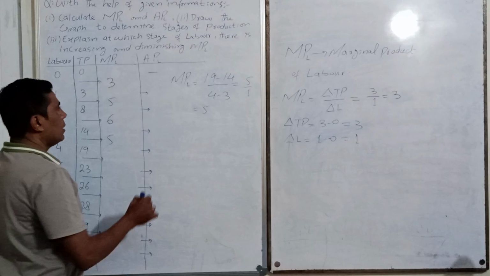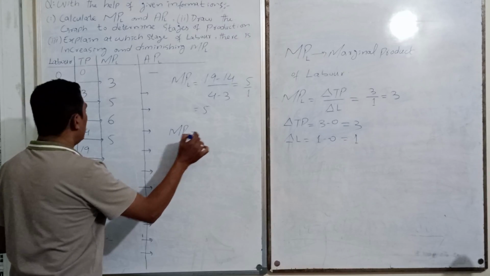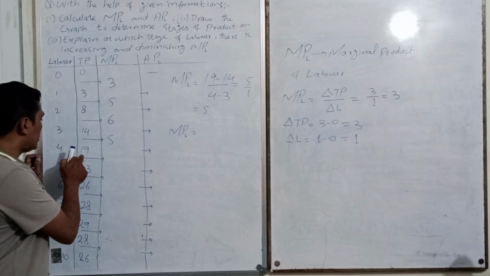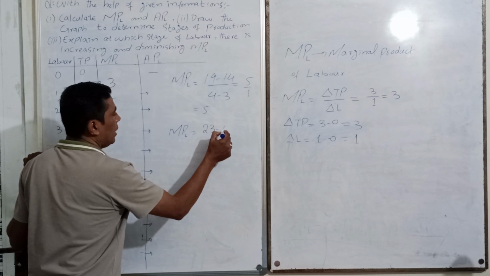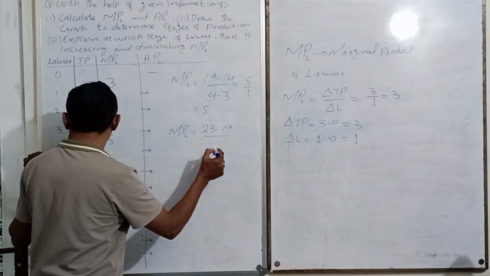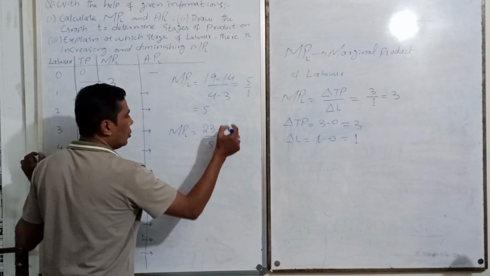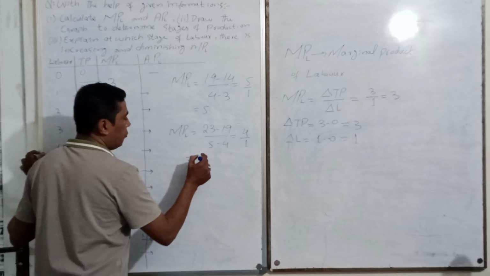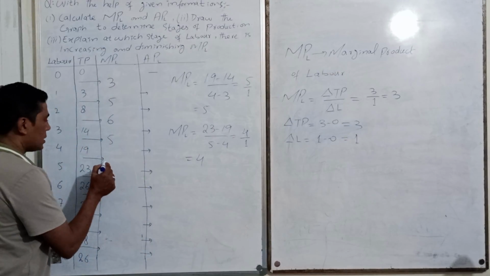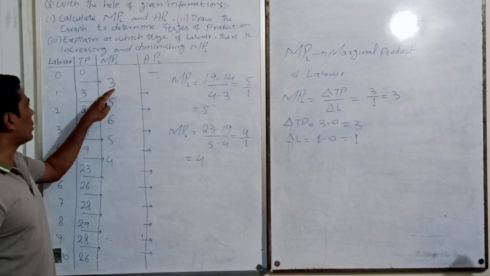Now what next? MPL between 23 and 19. So 23 minus 19 divided by 5 minus 4. So your answer is 4 upon 1. So you have 4. Guys, now it is clear how I am going to calculate.